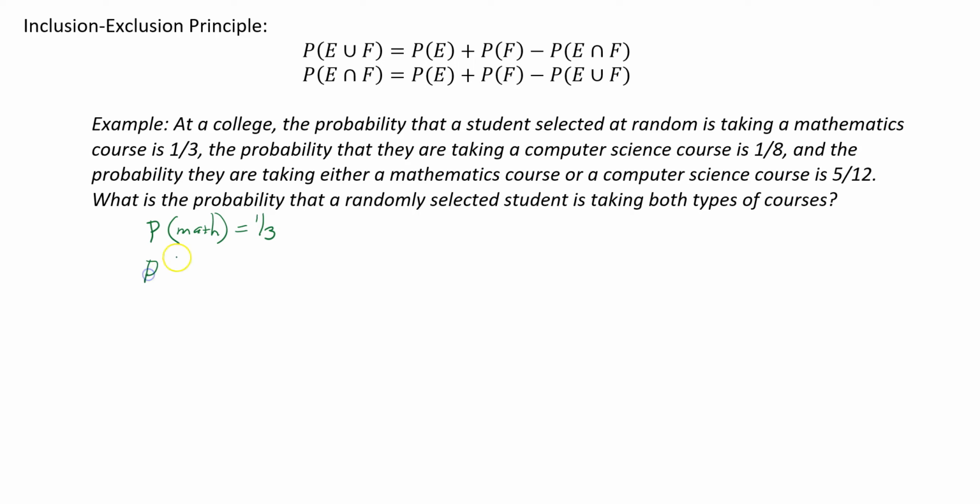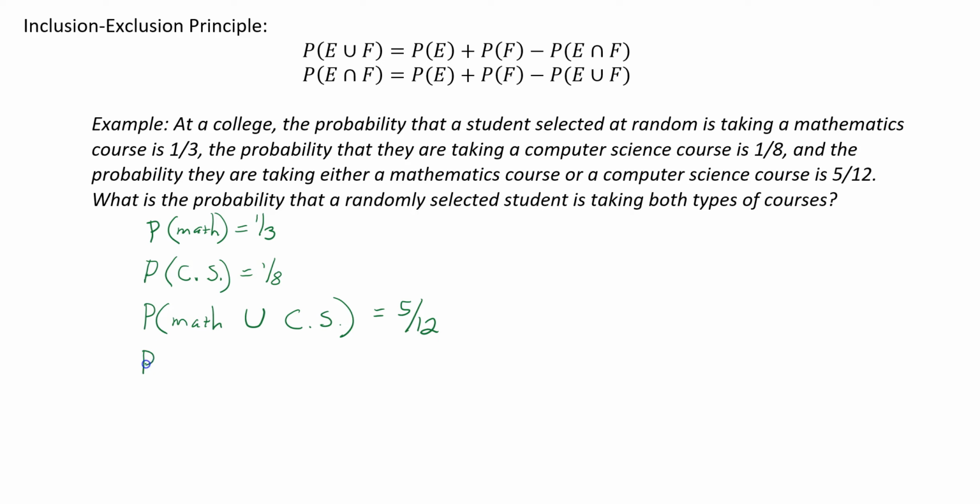The probability of taking a computer science course, which I'll abbreviate as CS, is 1/8. So some of these computer science students are also taking a math course. And we know the probability that a student who is taking math or, which is union, computer science is 5/12.